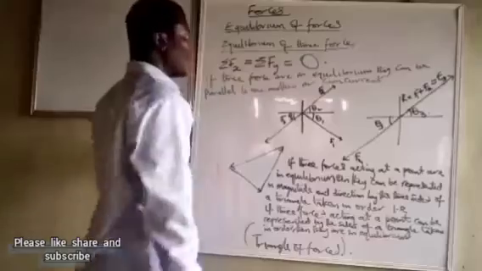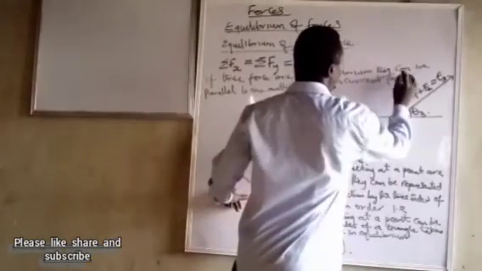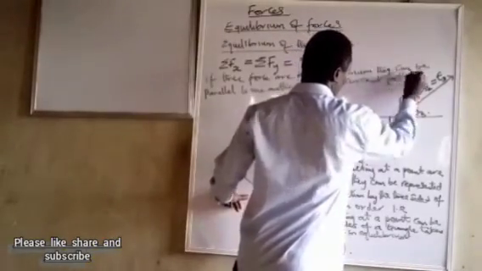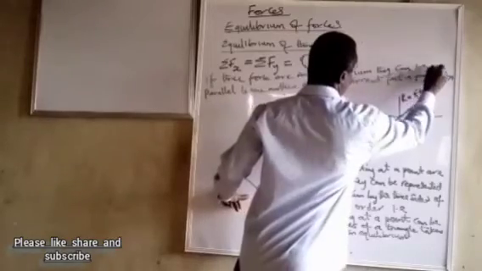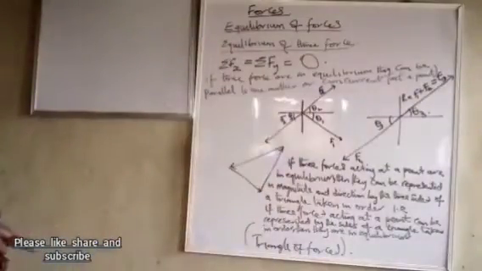You know what concurrent means from our straight line geometry? That is, acts at a point. That is, by the time you draw them, they will meet at a point. So that is the basic thing to know about three forces.